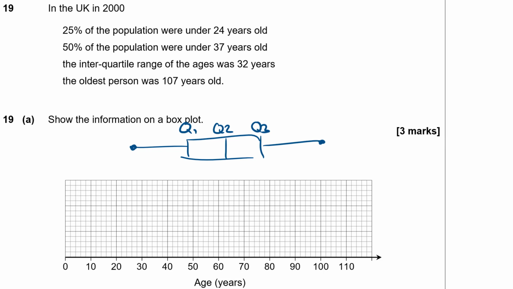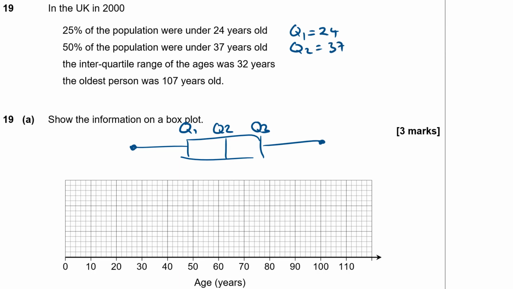25% of the population are under 24 years old. Now, 25% of the way through a population is going to be the lower quartile. So this is actually giving us Q1. So Q1 is 24. 50% of the population were under 37 years old. So halfway through the population is the median. Actually, they're giving us Q2 there.